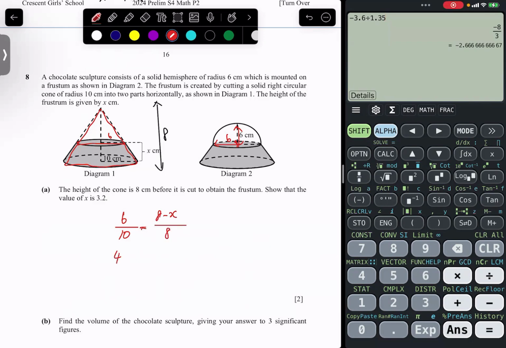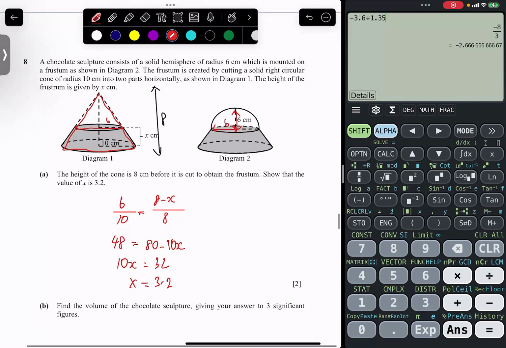So we have 48 equals 80 minus 10x. Sorry, 10x. So 10x equals 32. x equals 3.2.